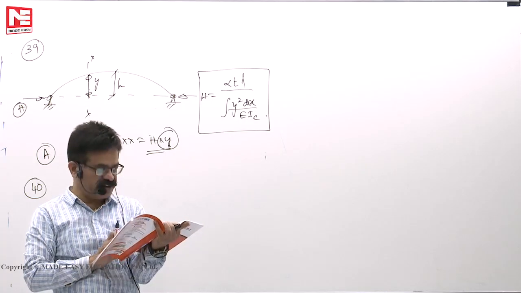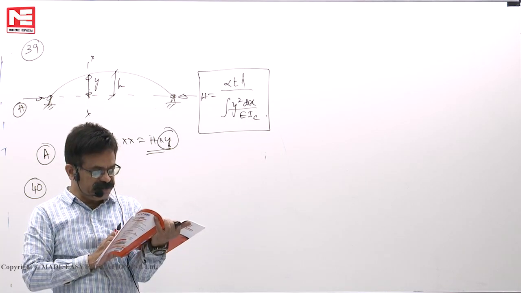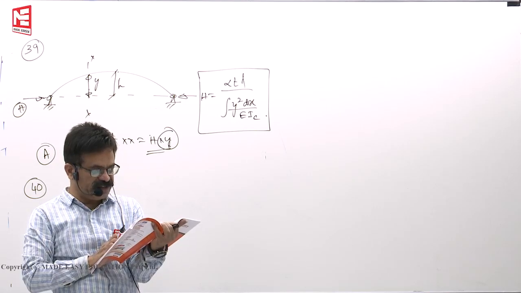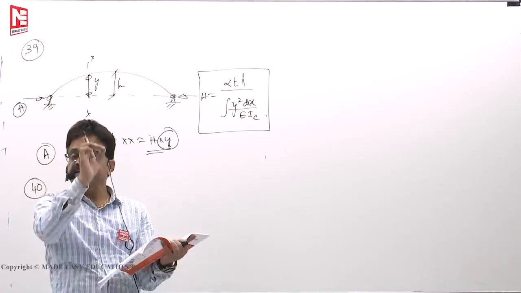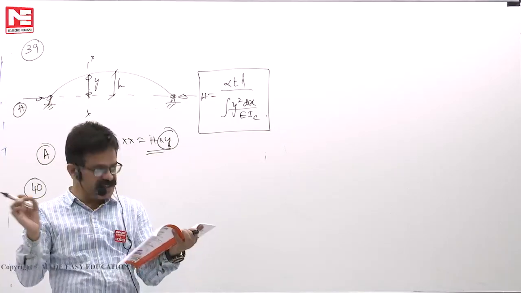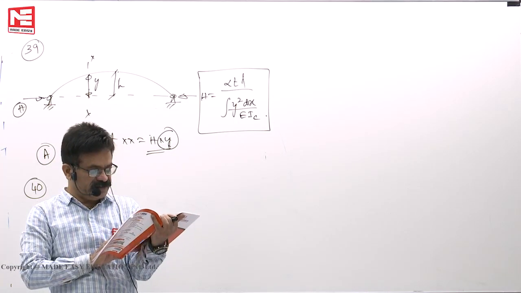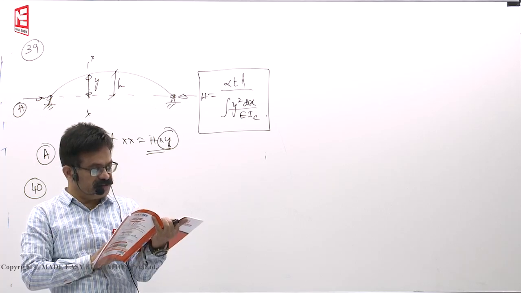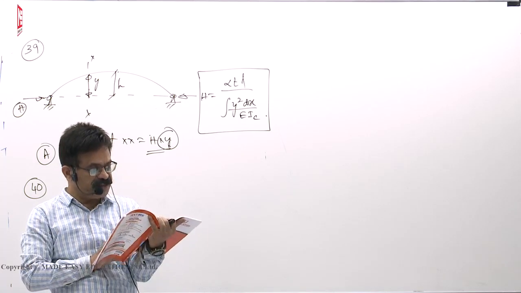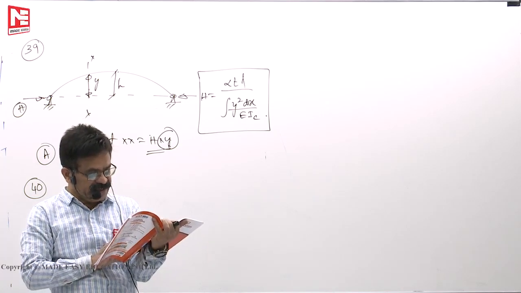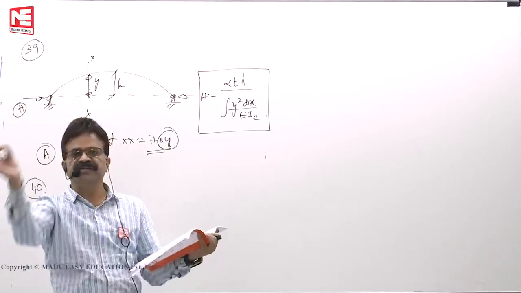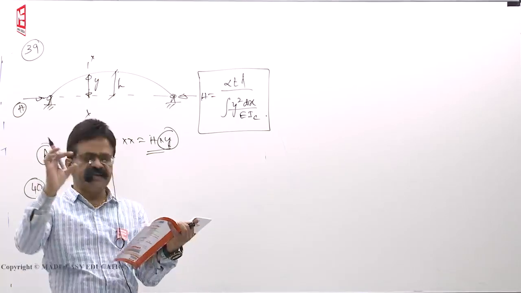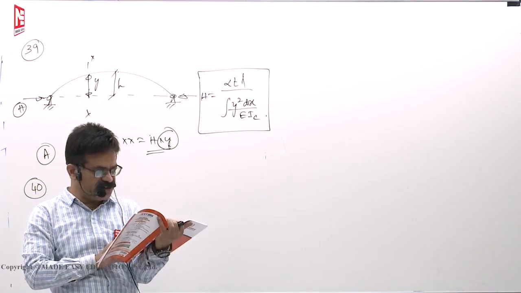So assertion is wrong. Reason: rise in temperature increases the length of the arch. Because the height increases, the length of the arch will increase. So A is false, but R is true. Rise in temperature increases the length of the arch, the curved length of the arch will increase slightly, but the assertion is wrong.